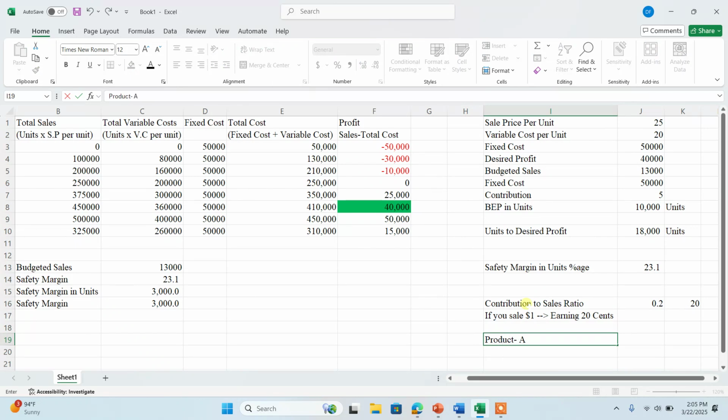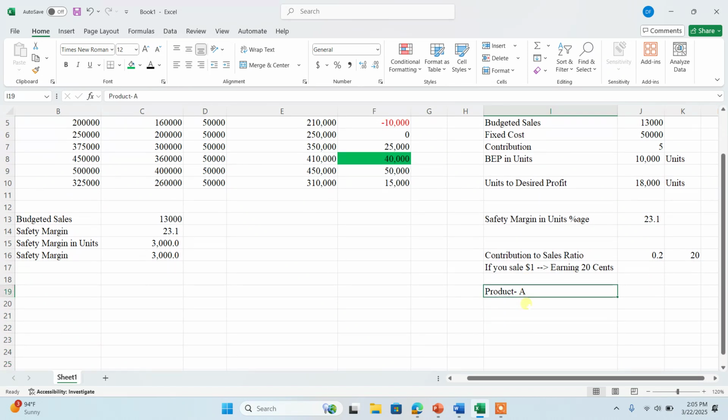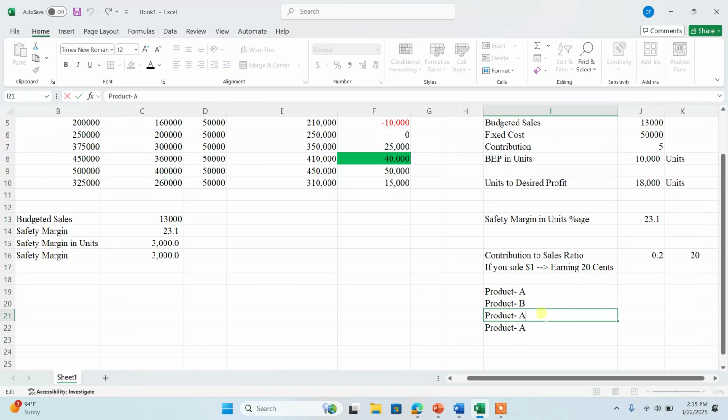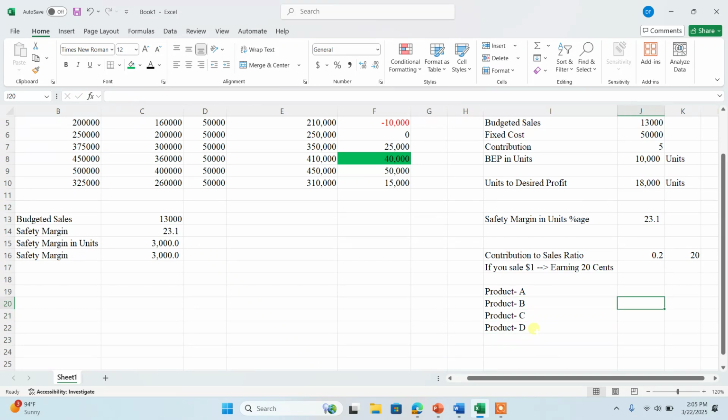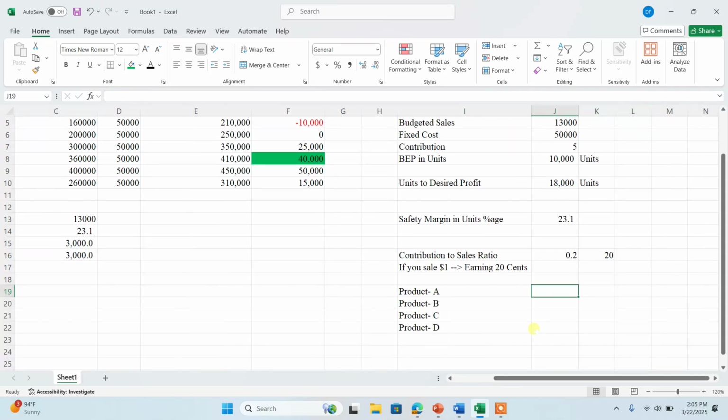Let's suppose I have product A, product B, product C, and product D, so 4 products. Now the question arises: which product is contributing more? If I'm selling 1 unit each of A, B, C, and D, which one is going to give me more profit? In this case, my dear, we need the contribution to sale ratio.